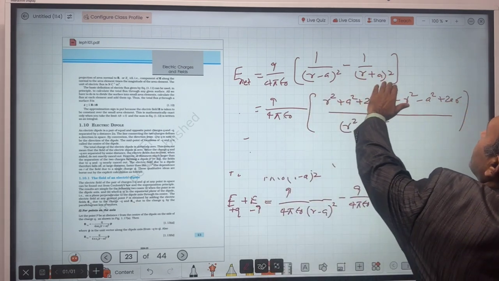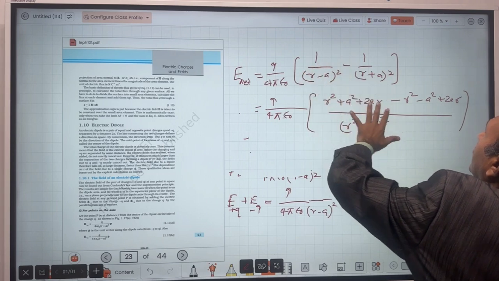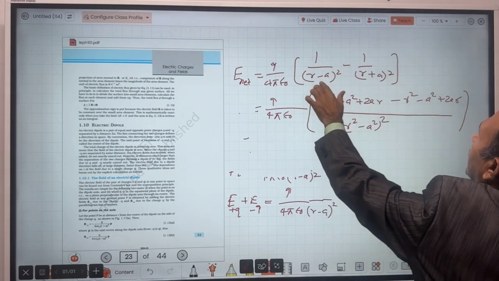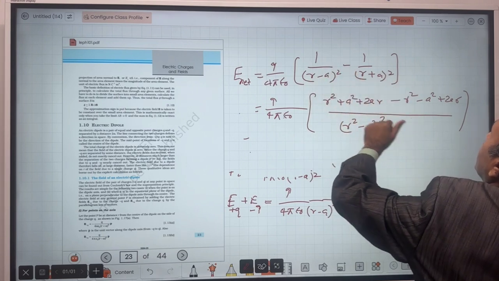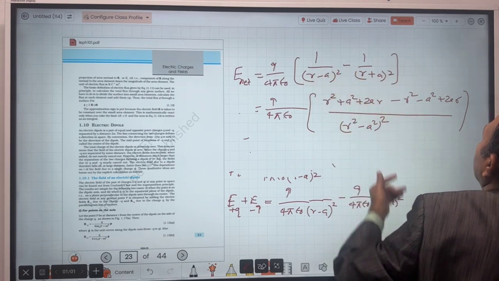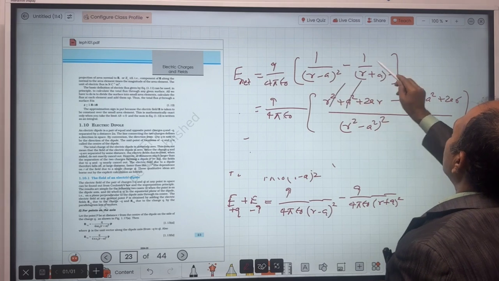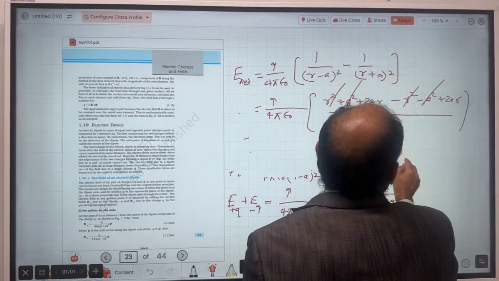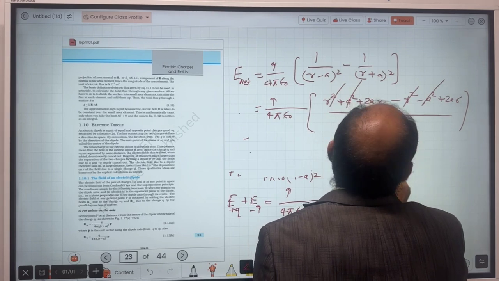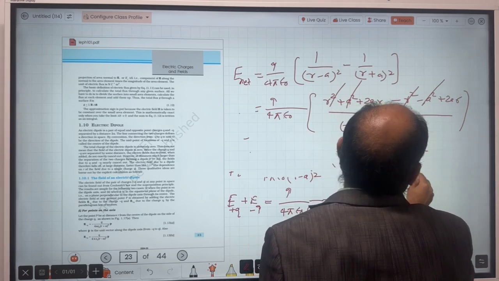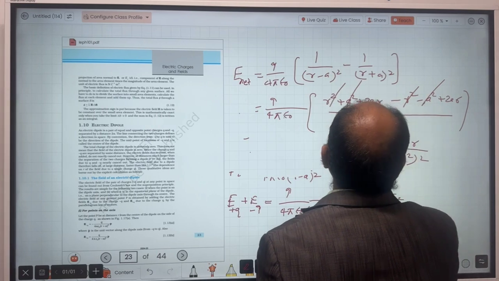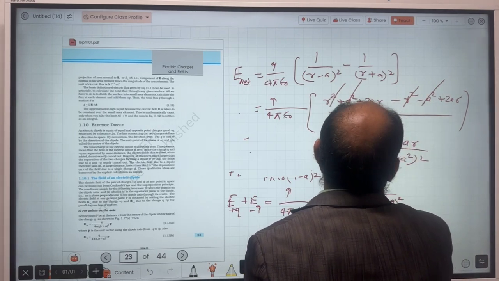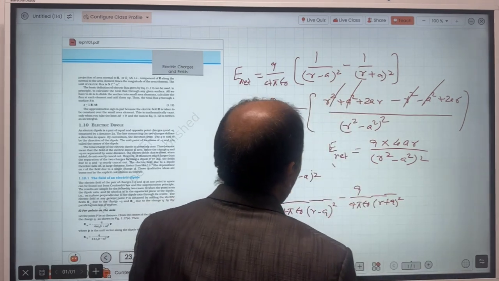I think you have understood. This is taken here, this is taken here, then I opened the bracket, and because of the minus sign, these signs are changed, and here A minus B whole square times A plus B whole square gives A square minus B square whole square. That is written here. R square will cancel out, A square will cancel out. So you will be left with Q times 4AR divided by R square minus A square whole square. So you have found the net electric field due to the dipole.